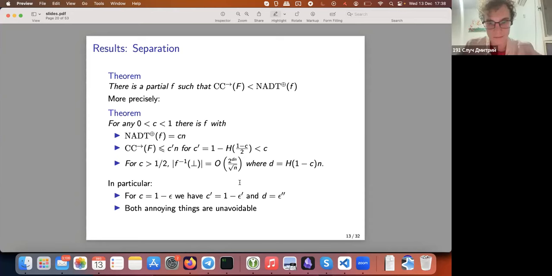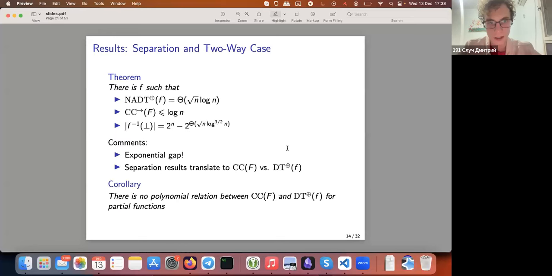The result is even stronger, because you talked about linear separation, but we can get an exponential separation for a function for which the non-adaptive parity decision tree complexity is square root of n times log n, and the communication complexity is logarithmic.